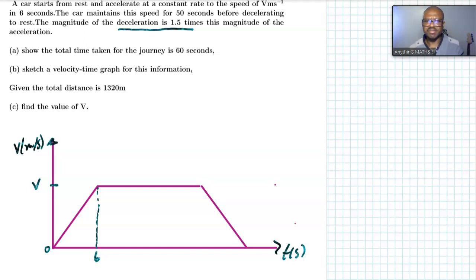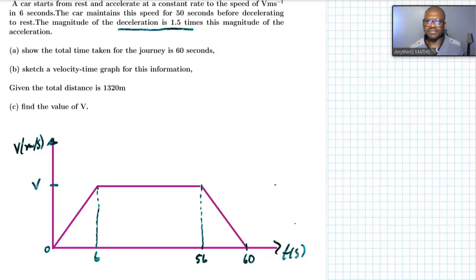Then it maintained that for 50 seconds, so 50 plus 6 will be 56. And then we calculated the last seconds to be 4, so it's going to be 60. That answers the B question.